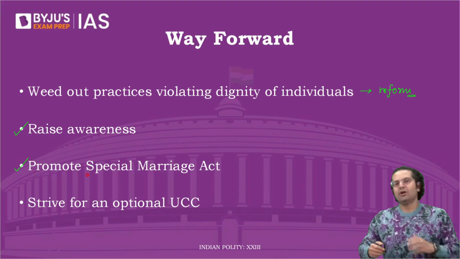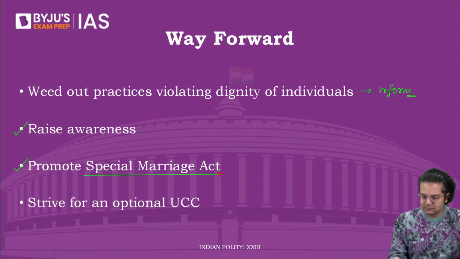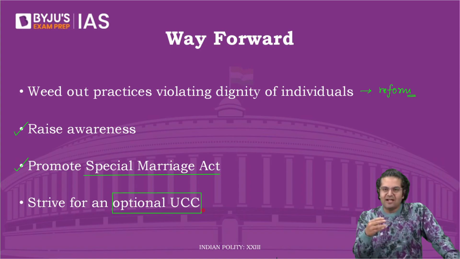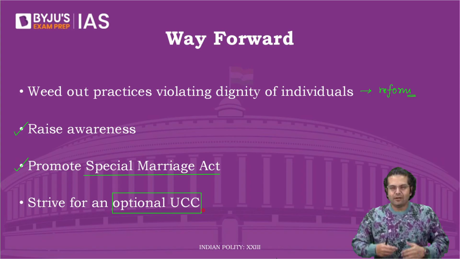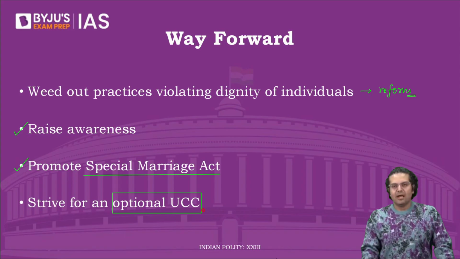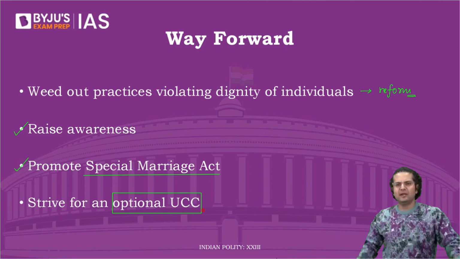And if at all you are obsessed, why can you not create an optional UCC? Make it optional. All the people who start getting educated in the coming generations, they will gradually move towards the UCC only. They will get all their personal matters registered through a neutral law. And then for the outliers, let it be. Let them be in their religious laws. Simple.